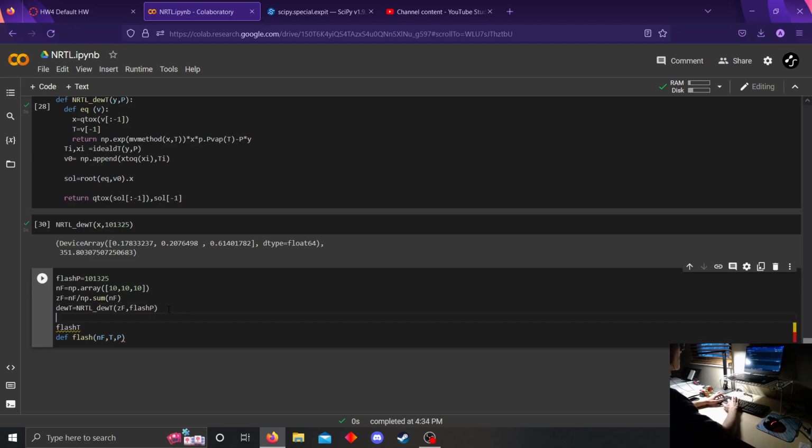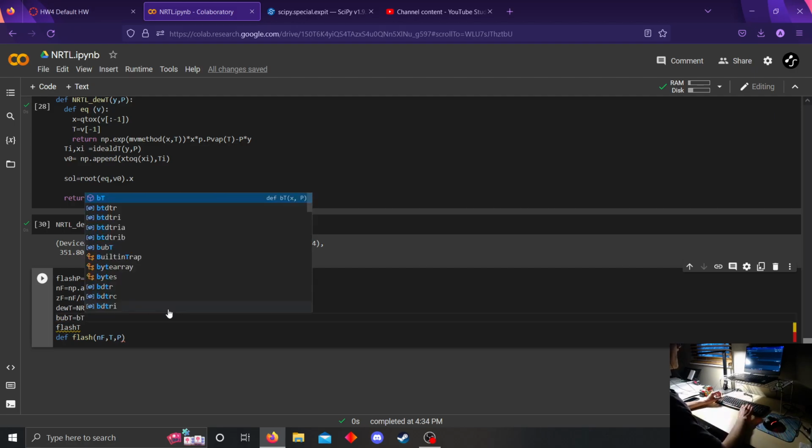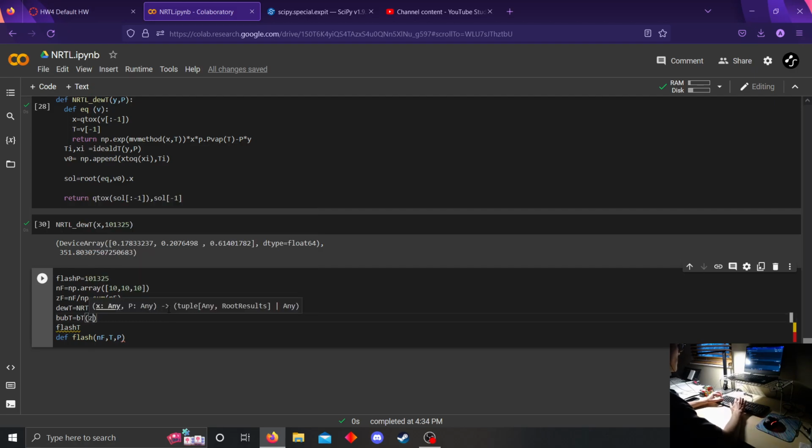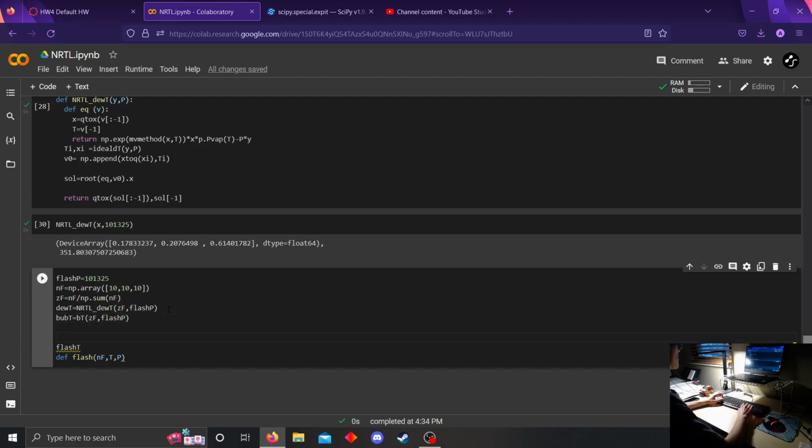And then we're going to need a bubble temperature. We'll call it bub T, and we already did this in the last video, so it's going to be BP at the feed condition and the flash pressure. Now our flash temperature is going to be midway between the two.